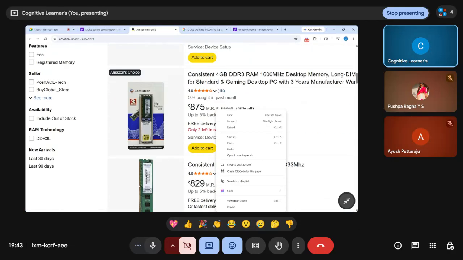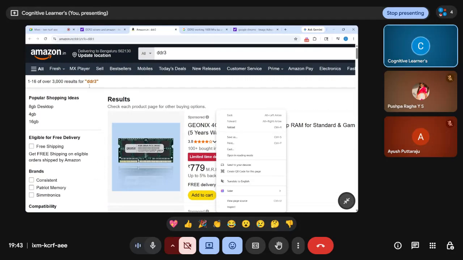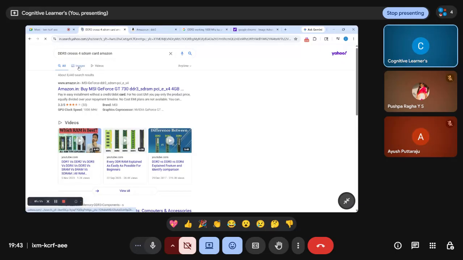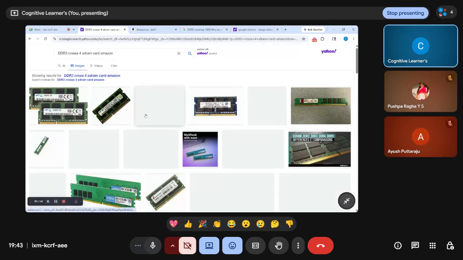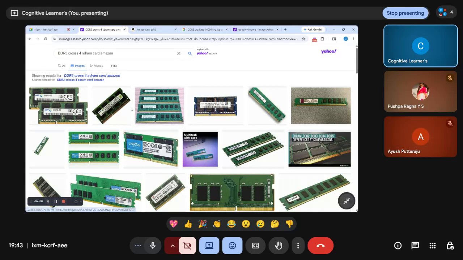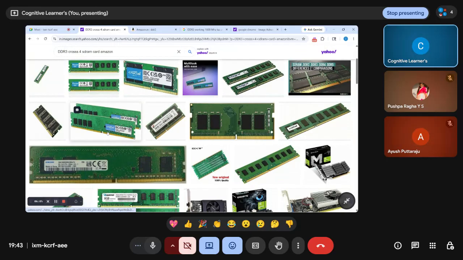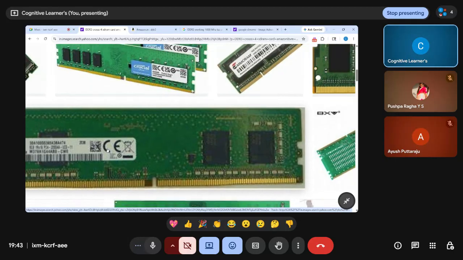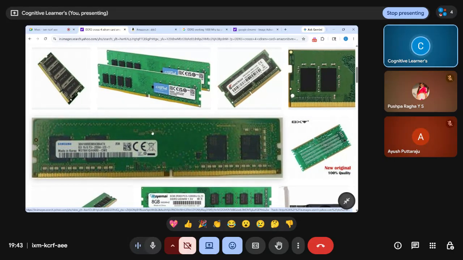Listen, guys. In this DRAM card, only four black color chips are present.